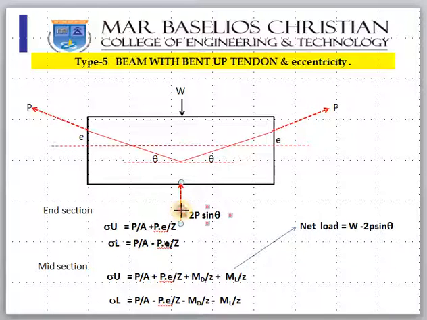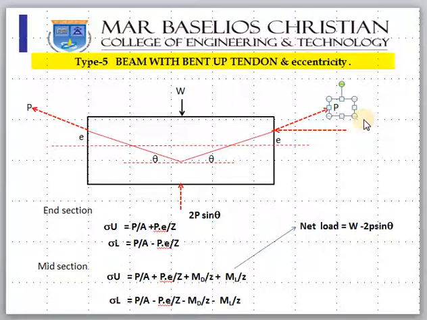Here the PE term will come, because when the tendon is cut, horizontal forces will come, the horizontal component, P cos theta.